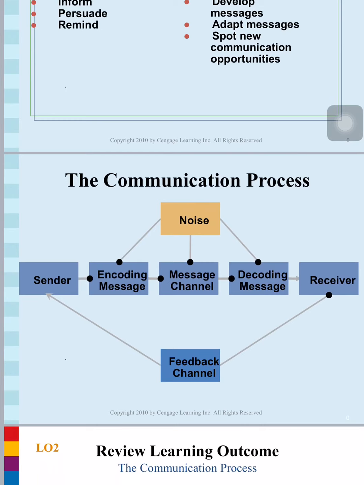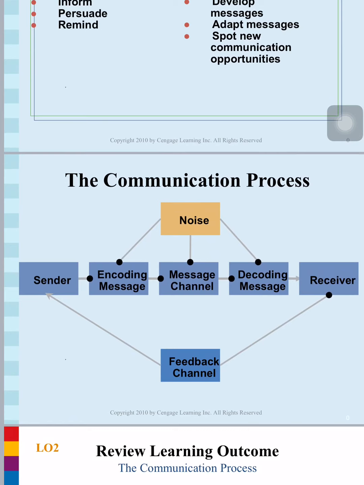Decoding the message is a step where the receiver will interpret the message. Then the next step is the receiver, which is the customers, and also the viewers or the listeners, the news media, and also the client.